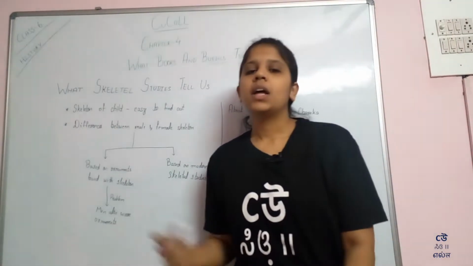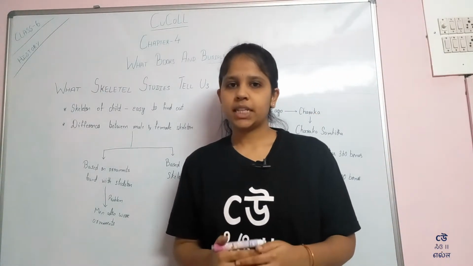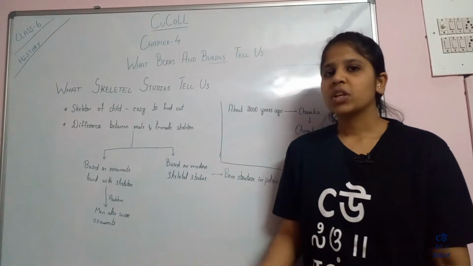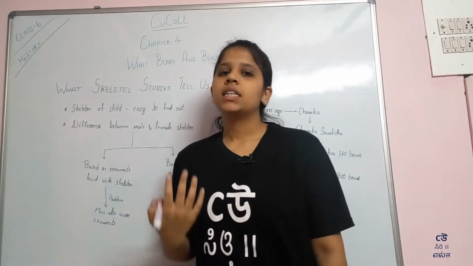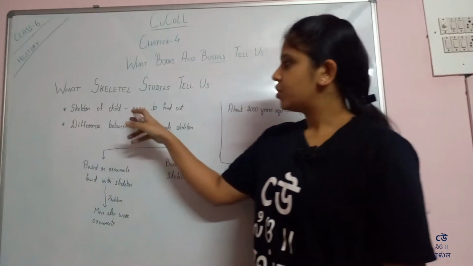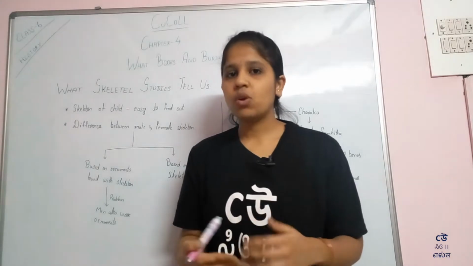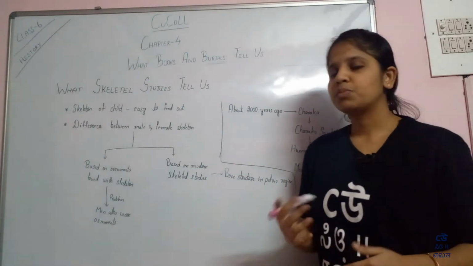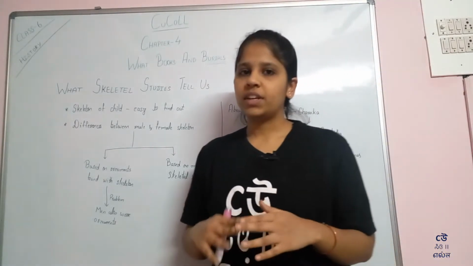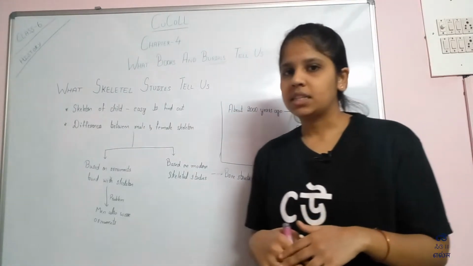So now let us know how the archaeologists differentiated the skeletons of male, female, and a child. Let us know what the skeletal studies tell us. The skeleton of a child was easy to identify as it was small when compared to the other adult skeletons.